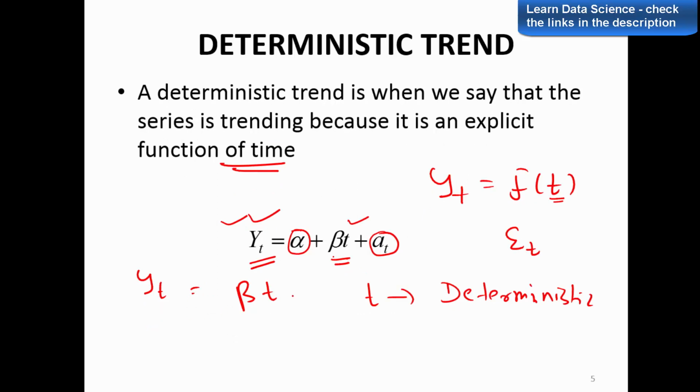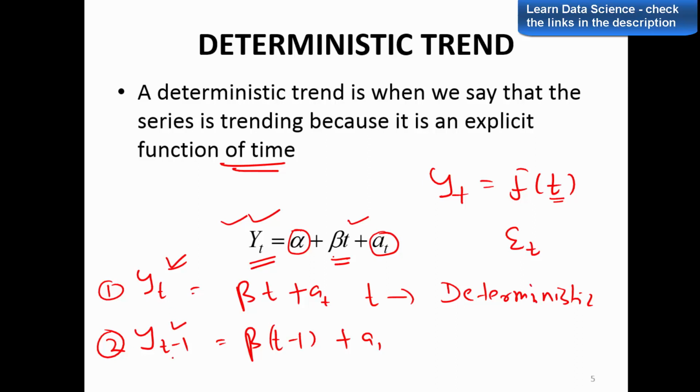Similarly, you have yt equal to beta t plus at, and then yt minus 1 equal to beta t minus 1 plus at. This is equation 1, this is equation 2. So this is the time series equation for time t, and this is the time series equation for time t minus 1.